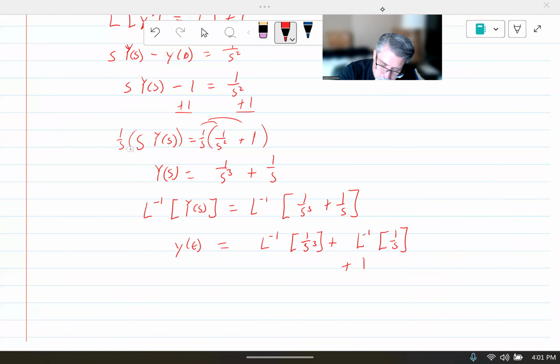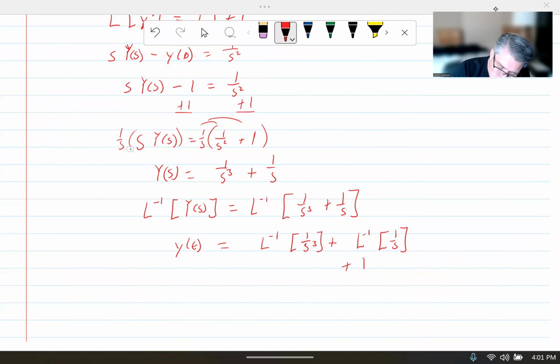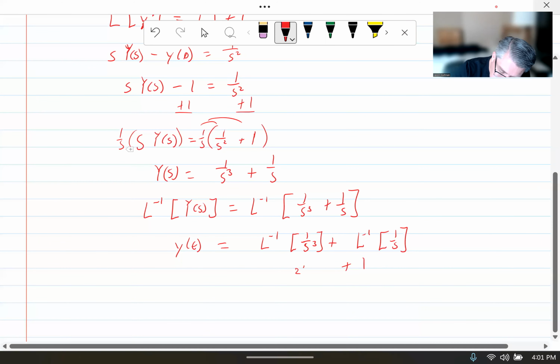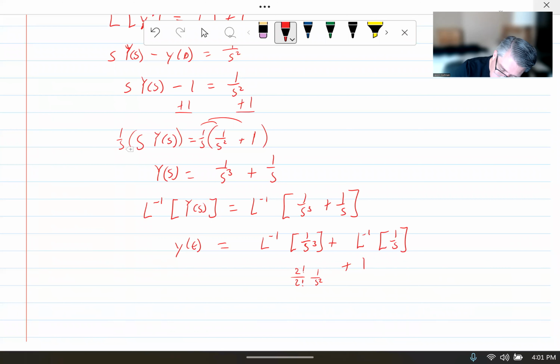If we have 1 over s cubed, then we need to reconcile that we do not have a 2 factorial on top. We would need a 2 factorial on top. So how can I get a 2 factorial on top? Well, I could multiply both top and bottom by 2 factorial, and then that gives me a 2 factorial on top.